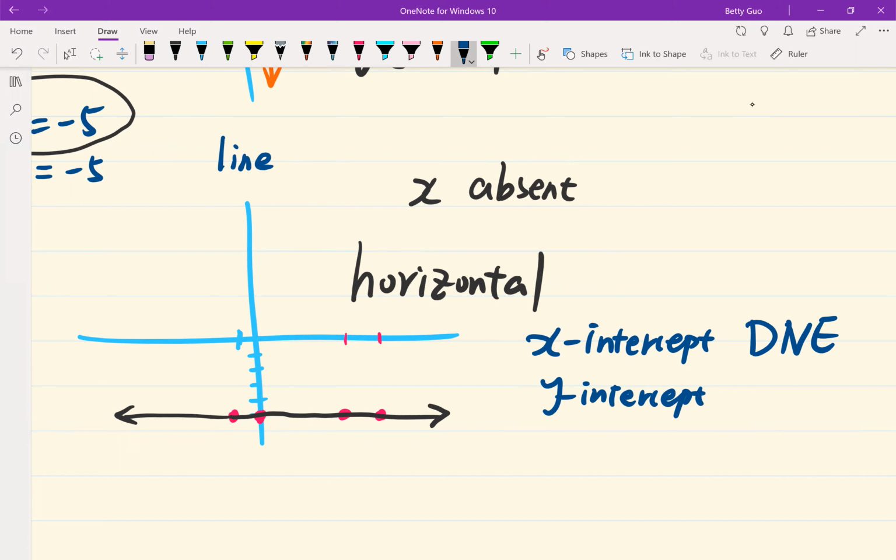It doesn't cross. The y-intercept of the horizontal line, in this case, is (0, -5). This point is the intersection of the black horizontal line and the y-axis, so (0, -5).